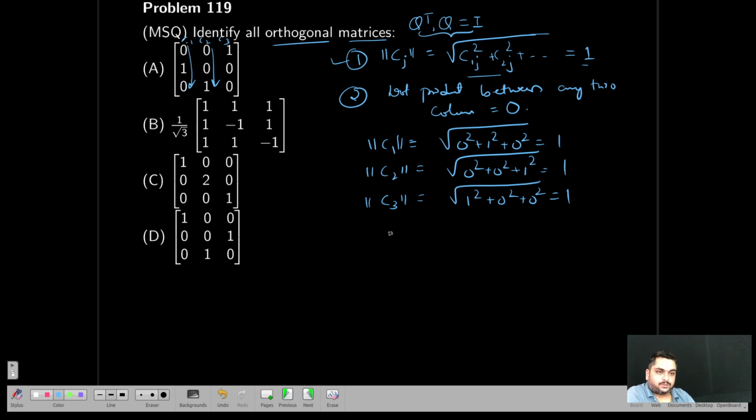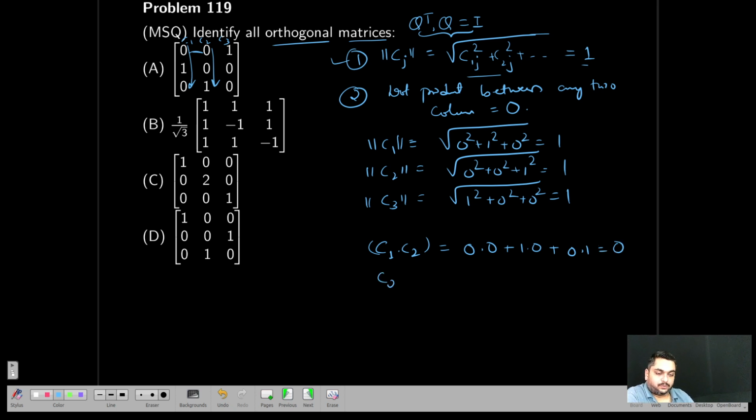Dot product means what? Between any two columns, multiply the values in the rows and then add them. The dot product of C1 and C2 is 0 into 0 plus 1 into 0 plus 0 into 1, which will be 0.